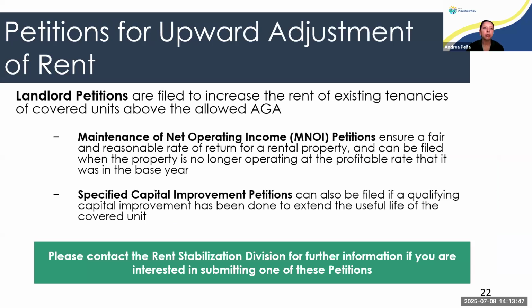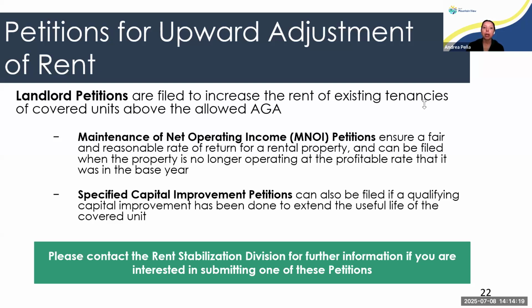And another way that you may be able to give a rent increase that is different than the AGA or above it is through a petition of upward adjustment of rent. These are landlord petitions that can be filed with the city. The first is the Maintenance of Net Operating Income, MNOI for short, petition, which ensures a reasonable and fair rate of return on a rental property.